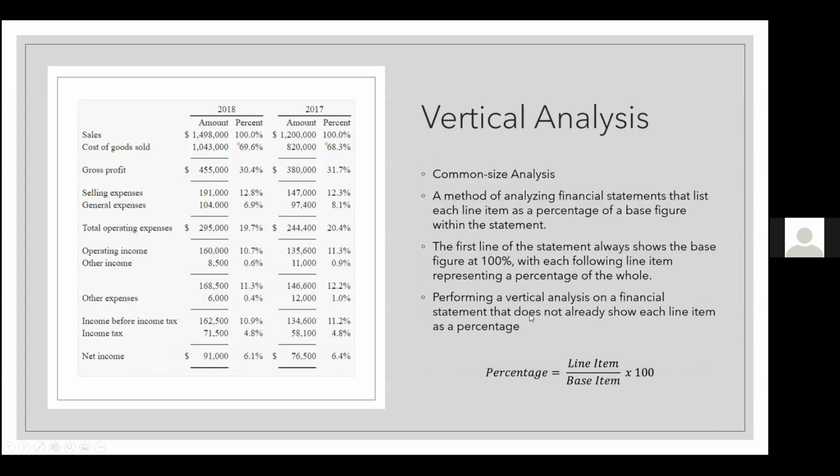So when performing a vertical analysis on a financial statement that does not already show each line item as a percentage, the formula is line item divided by your base item, which is your total sales, times 100 to get your percentage.